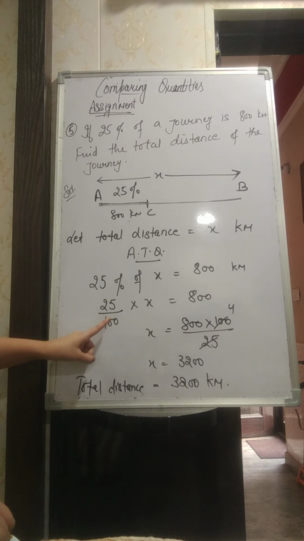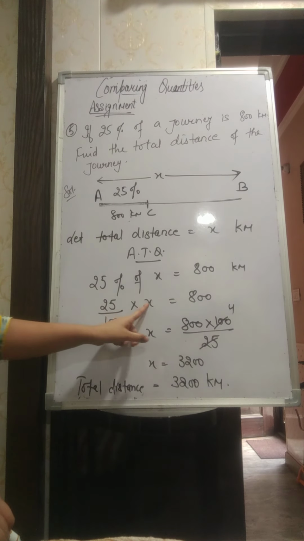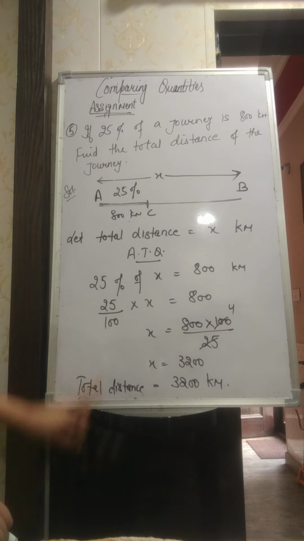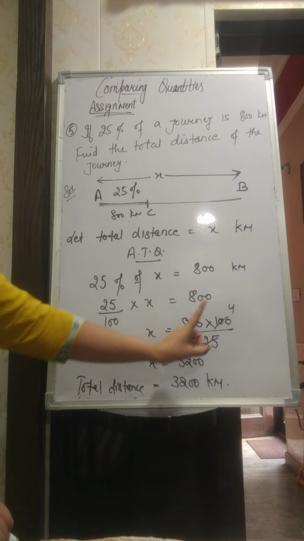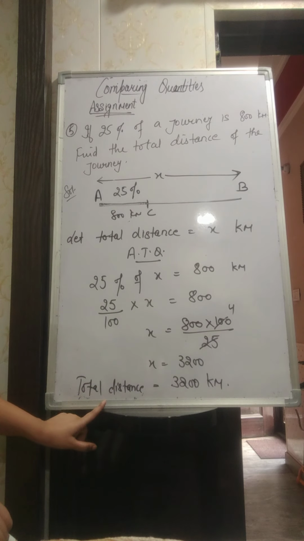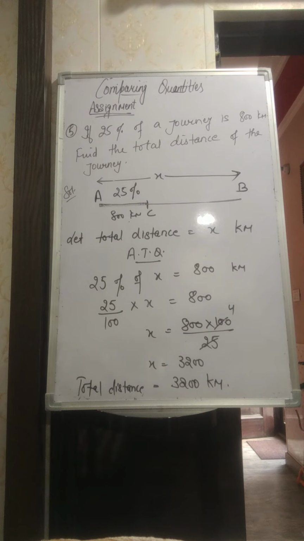Percentage sign we will remove, 100 will come in the denominator. 25 by 100 multiply x is equal to 800. Now 100 will go in the numerator on the right hand side, 25 will come in the denominator. 25 fours are 100, 800 into 4 is 3200. So the total distance is 3200 kilometers.